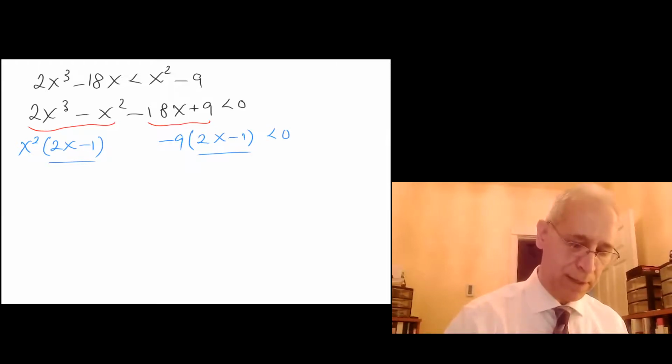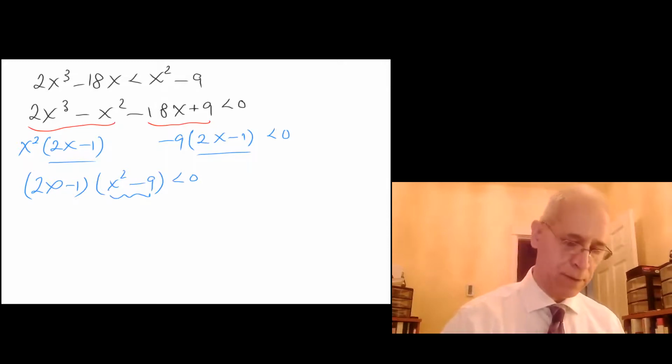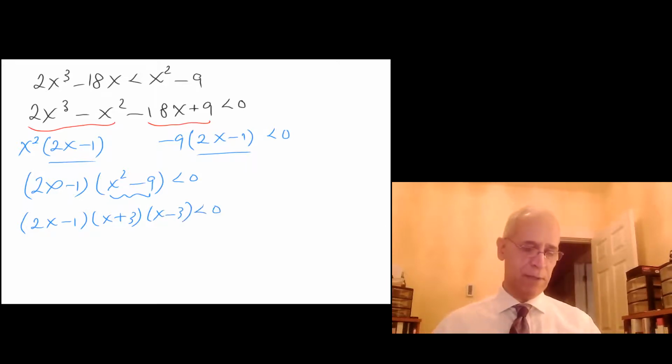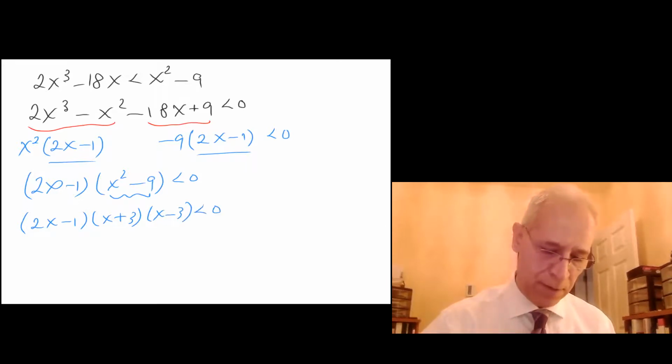Factoring it out, I get 2x minus 1, and then x squared minus 9, smaller than 0. I have a difference of squares in here. So I have 2x minus 1, x plus 3, x minus 3, smaller than 0. Let me put the x-axis or number line, whichever you prefer.